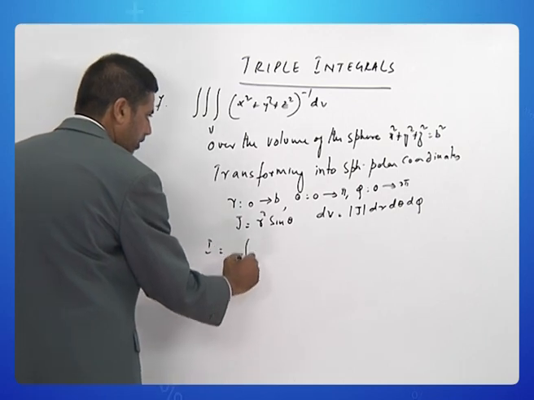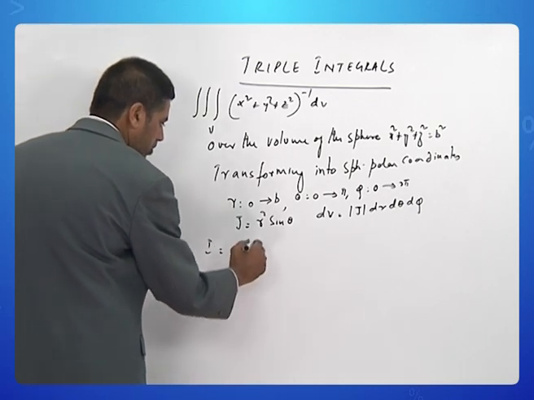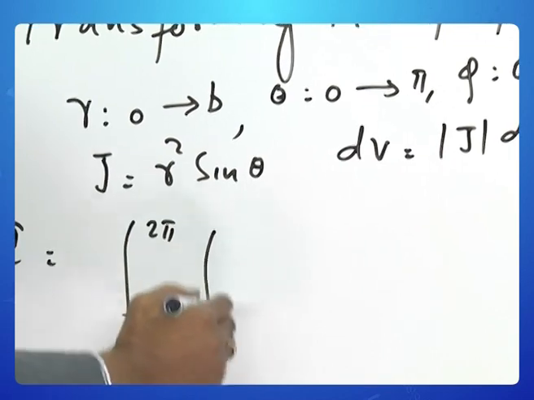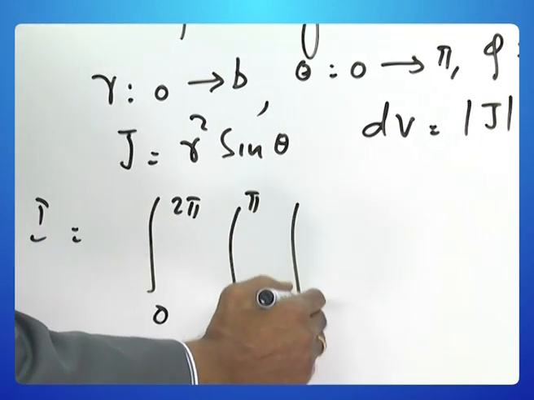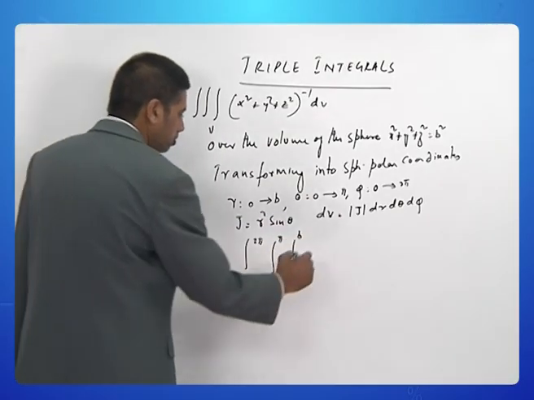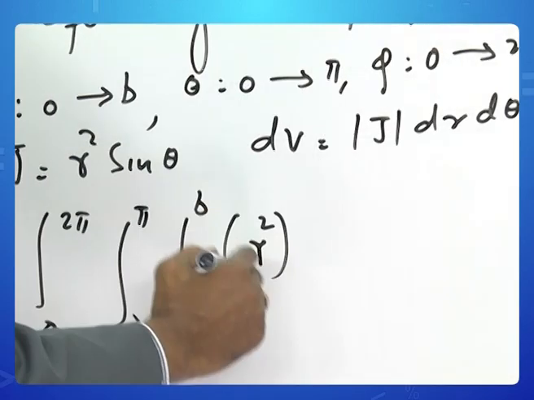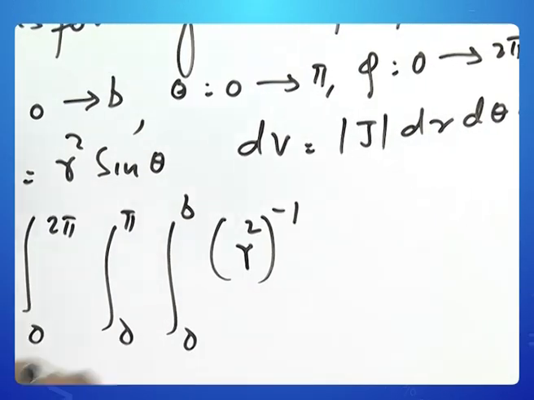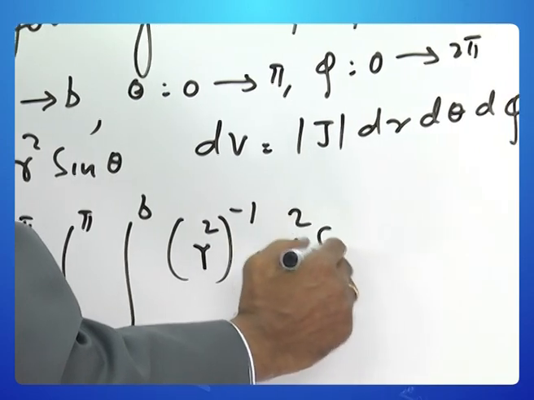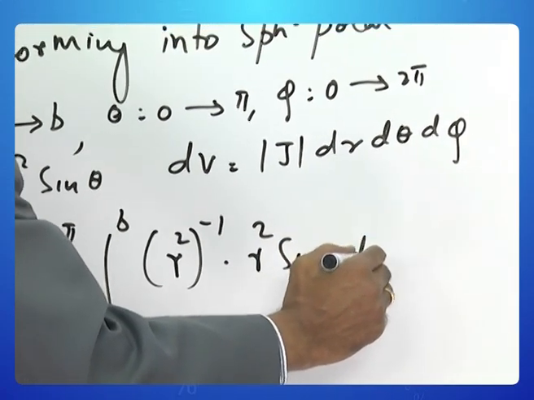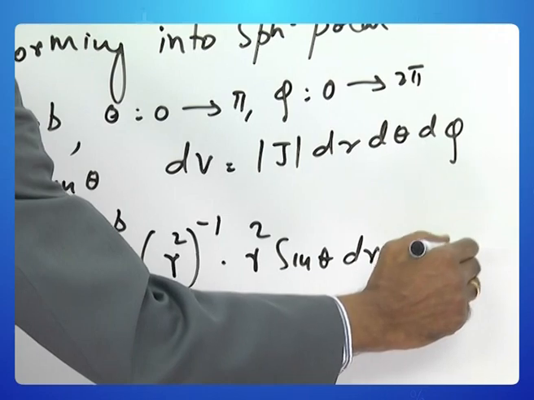So the integral will be 0 to 2 pi, 0 to pi, 0 to b, r square whole inverse into r square sine theta dr d theta d phi.